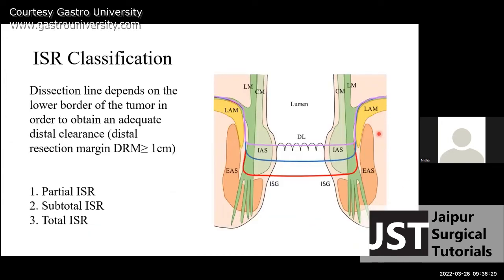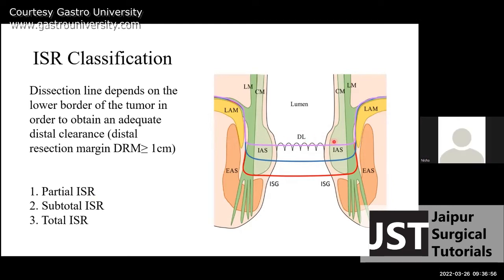So depending upon where the line of transection is, is it at the level of the dentate line, or between the dentate line and the intersphincteric groove, which is essentially between the internal anal sphincter and the external anal sphincter, or somewhere midway? If the distal extent of resection is at the level of the dentate line, it is called a partial intersphincteric resection, because a partial part of the internal anal sphincter is taken off.